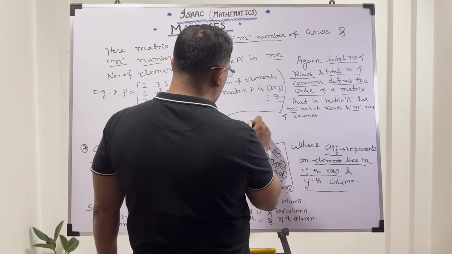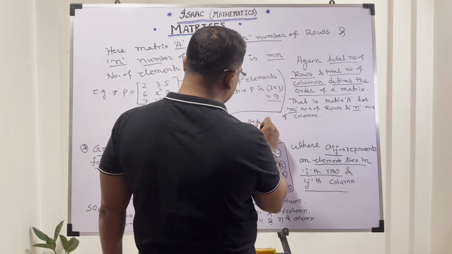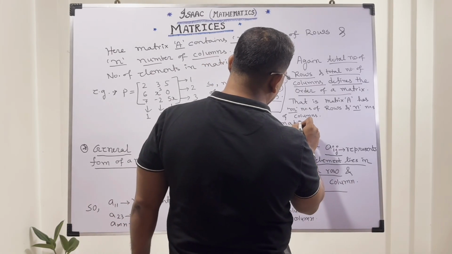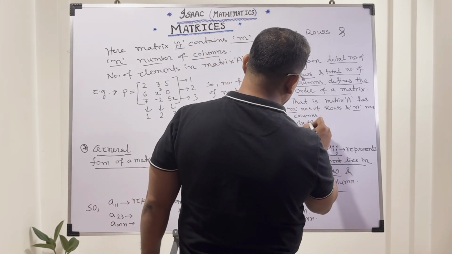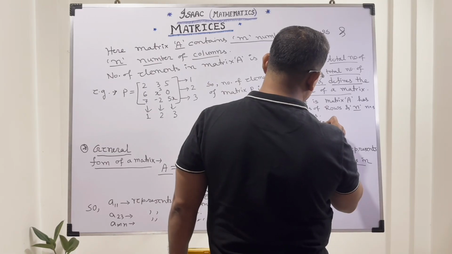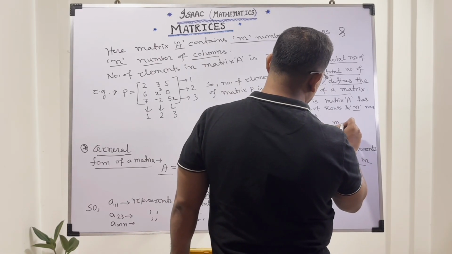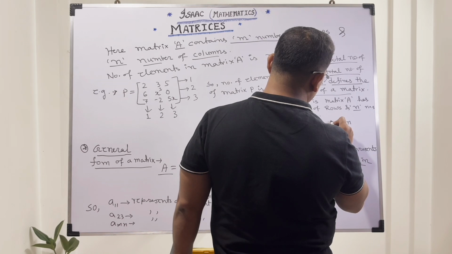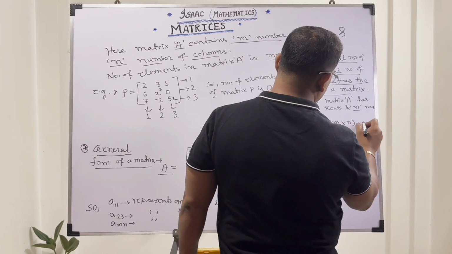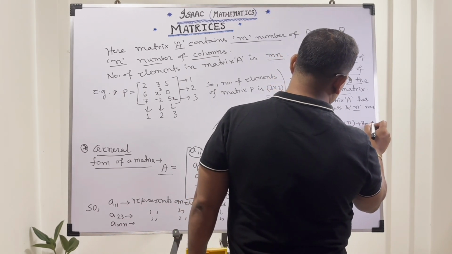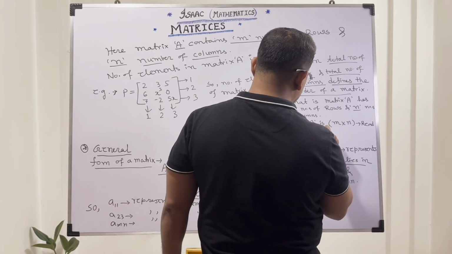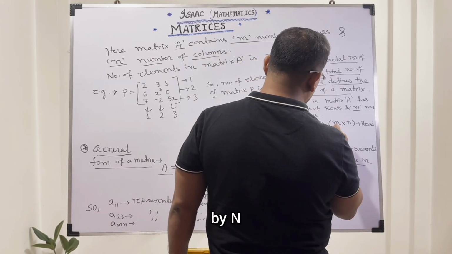So order of matrix A is m into n, which is read as m by n.